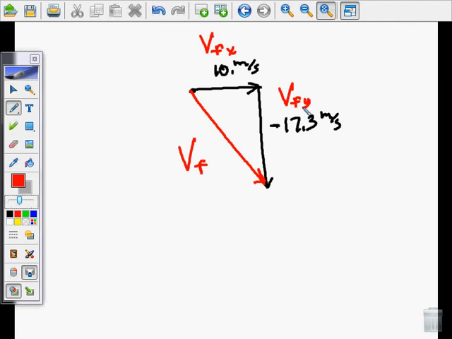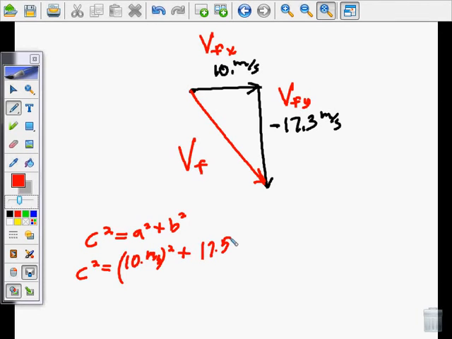Of course, since it's a right triangle, I can use Pythag. c squared equals a squared plus b squared. c squared equals 10 meters per second squared plus 17.3 meters per second squared.